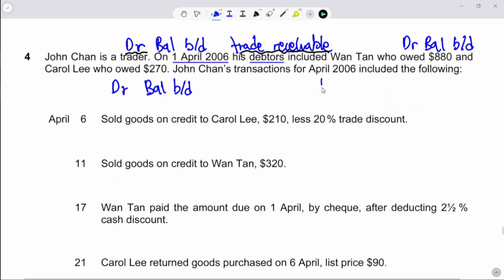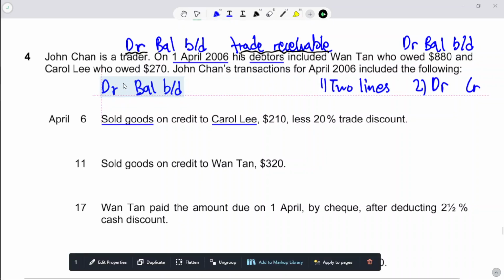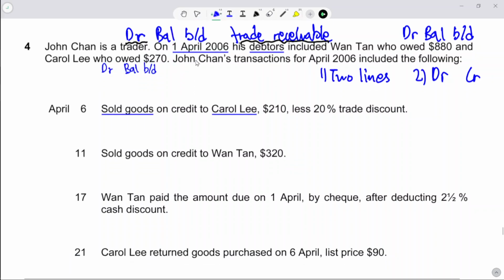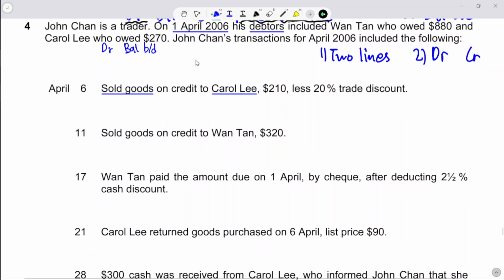First, we do two lines, then debit, credit. Let me scroll down.